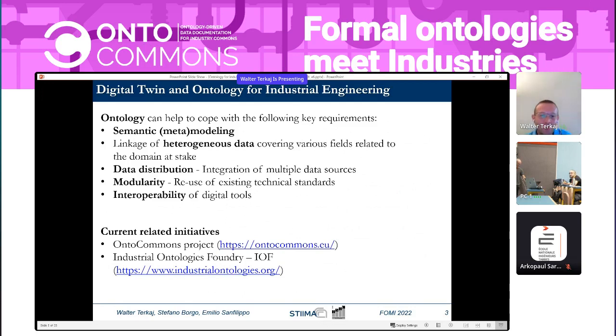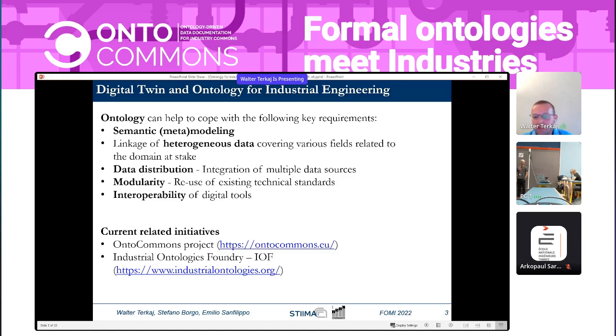Some of the scientific motivation is again quite trivial for this community. I just wanted to take note of it. We are interested in semantic metamodeling, of course. In engineering, and in particular industrial engineering, we need to deal with heterogeneous data. Again, I recall the figure in the keynote speech of this morning by Stefan Grimm, with a collection of different domains that must be connected all together.